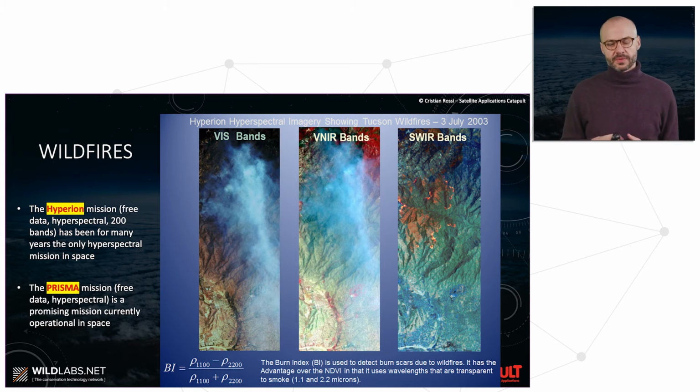So Hyperion has been a mission that has been there for many years, since the early 2000s, and for many years that was the only hyperspectral mission. Now there are several more, and one is mentioned there. It's called Prisma. It's from the Italian Space Agency, and it's also a promising one.